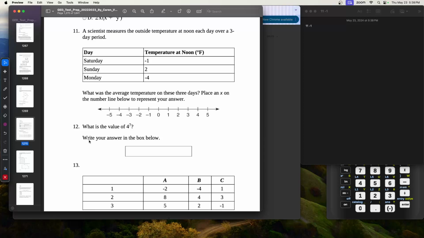It's going to be like 15,000 or something. It's a really big number.